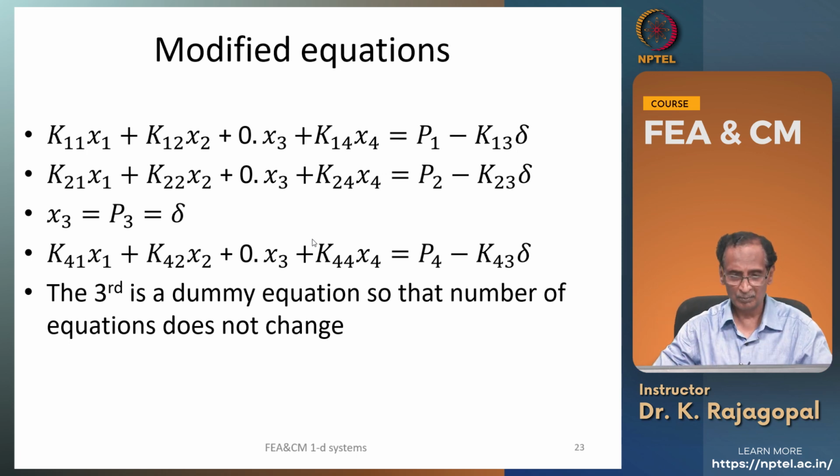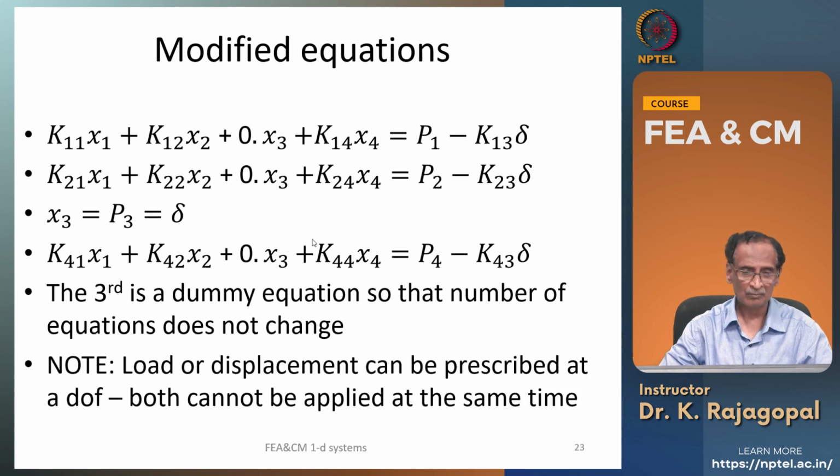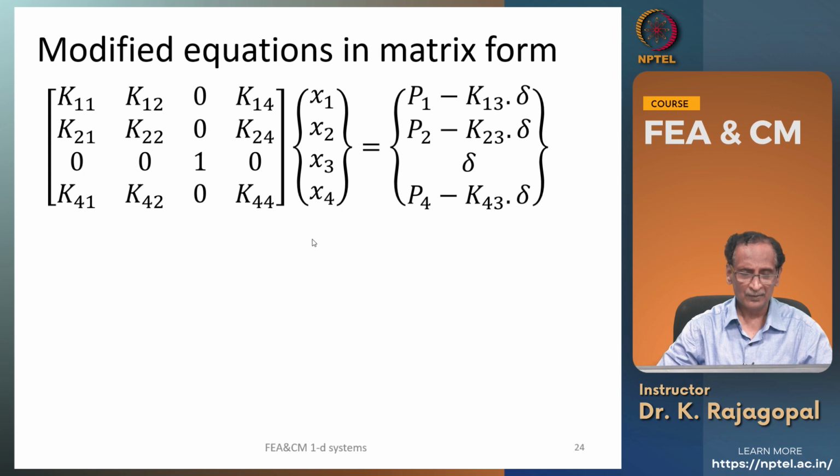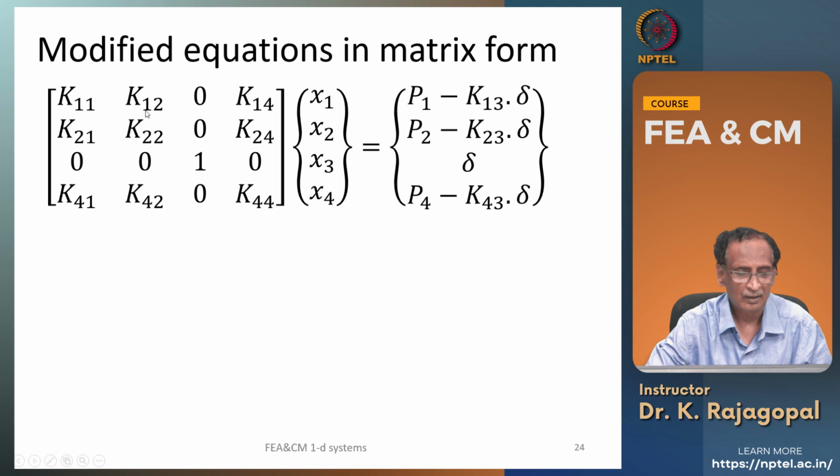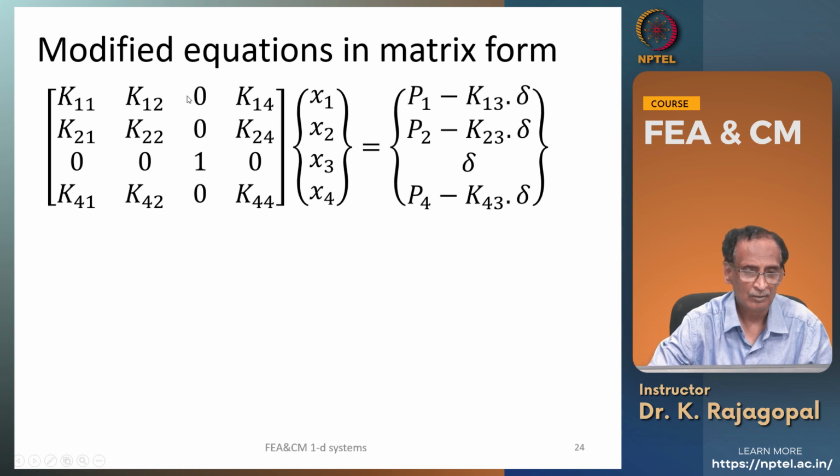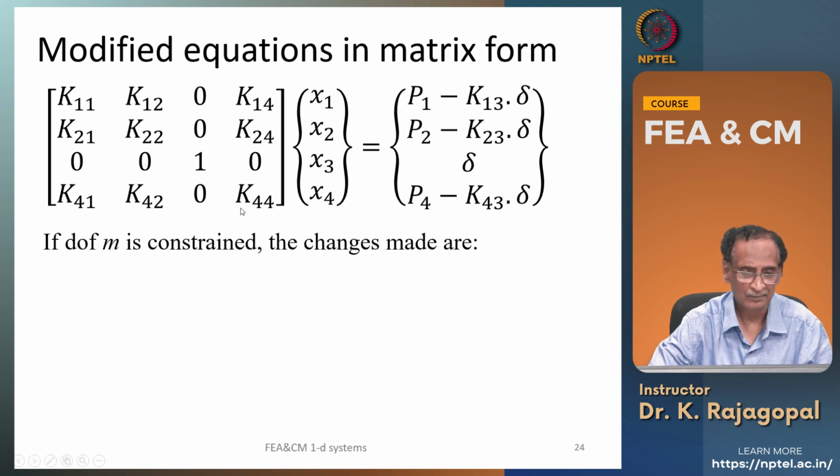Writing the program becomes very simple, and then if you rewrite those equations in matrix form, we get: k11, k12, 0, k14 and so on, and the right hand side is P1 minus k13 delta, whereas the third equation is simply x3 is equal to delta.